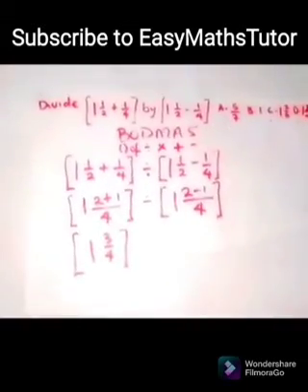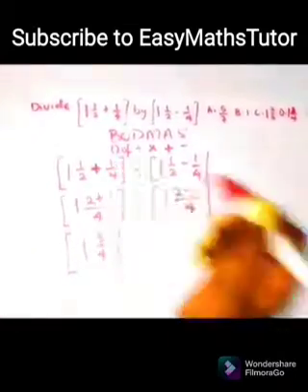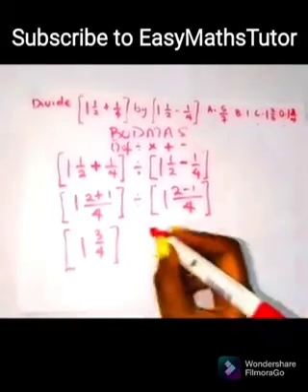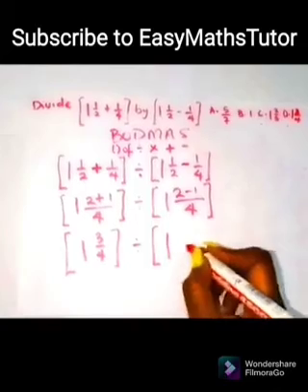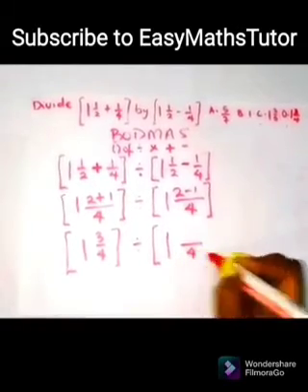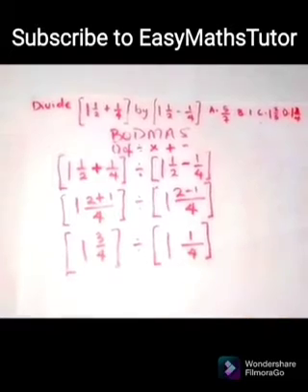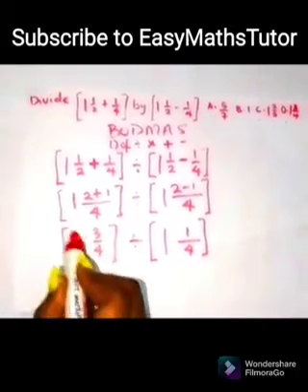Remember, the difference between this and this is the sign. This is a plus sign and this is a minus sign. So if we bring it down, we'll have 1, 1 over 4.